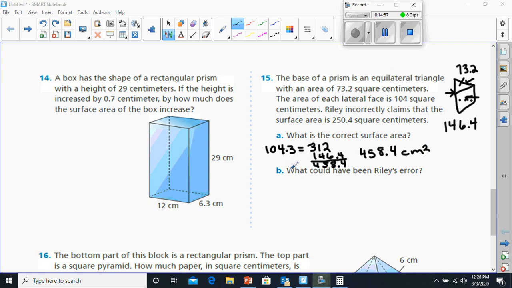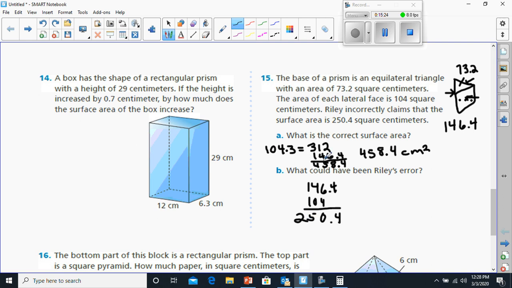Last part says, what could Riley's error have been? Well, looks like he was shy by about 2 lateral faces. So I'm going to say that he only added 1 lateral face, because if we take 146.4 and we add only 1 lateral face, which is 104, then we're going to get, look at that, exactly what he got, 250.4.